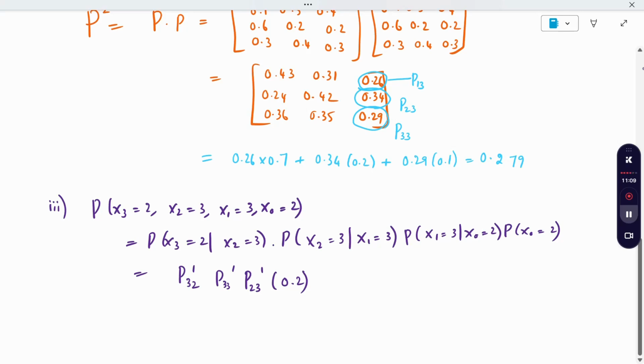Now P32, we know the data: 0.4 into 0.3 into 0.3 into 0.2. Everything when I multiply it, I get the answer 0.0048. So this is the way we have to do it.